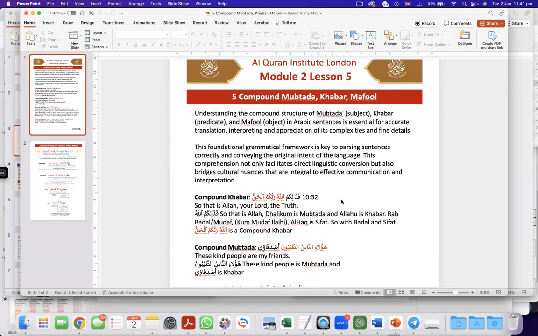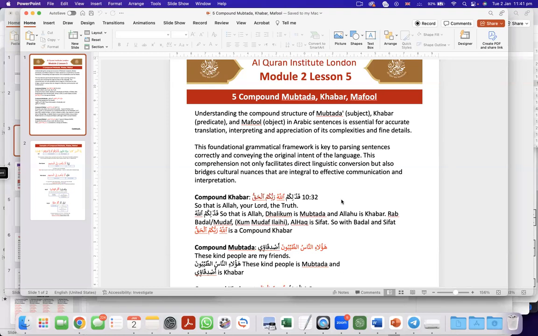Understanding the compound structure of Mubtada, Khabar, predicate, and Maf'ul is essential for accurate translation and the appreciation of its complexities and fine details.